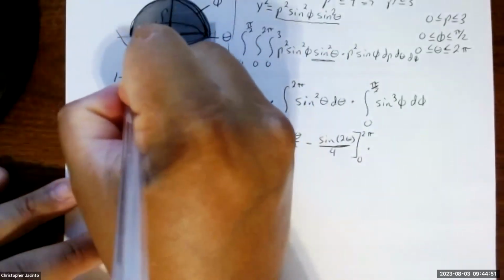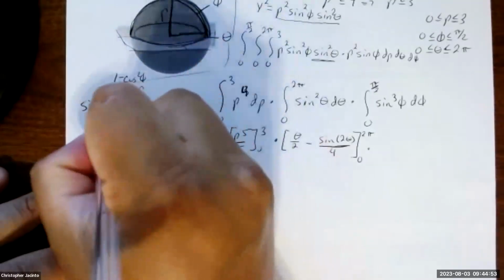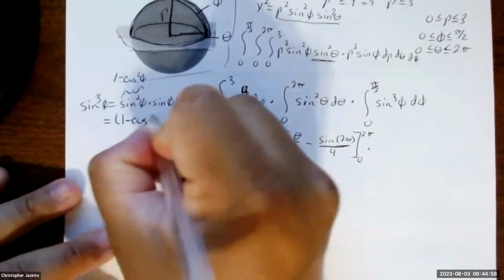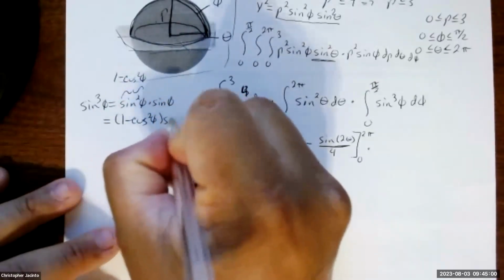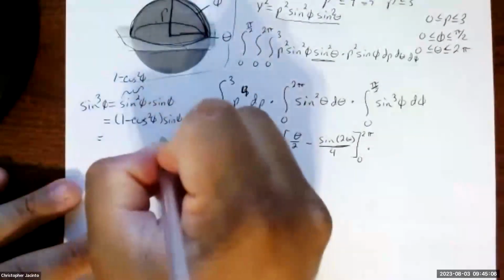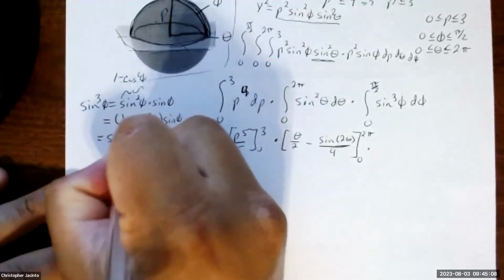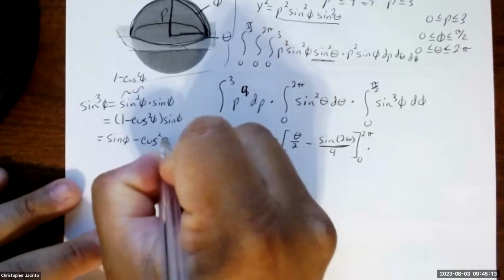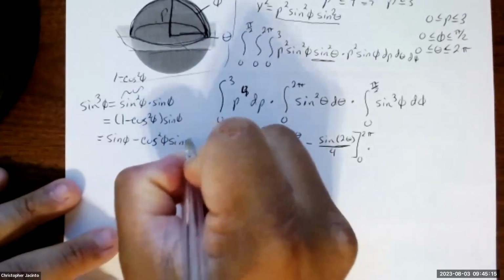And we know that sine squared, another way to write that is 1 minus cosine squared. And then if I distribute, you get that.